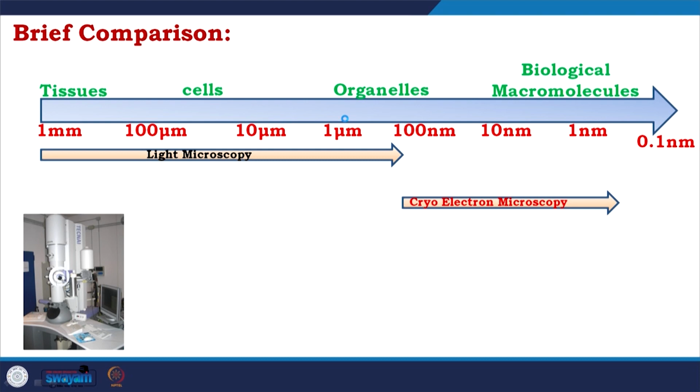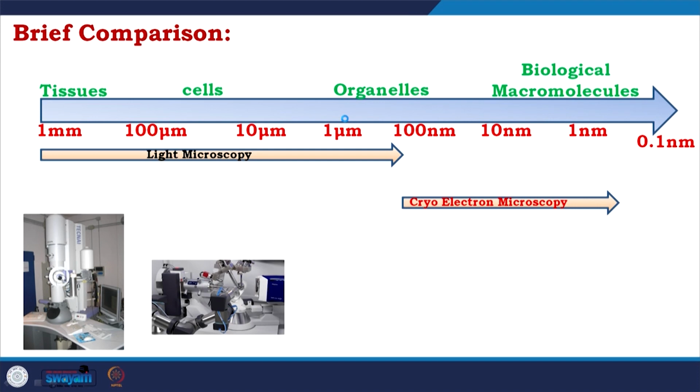Cryo-EM is a new generation sensation, and I will talk about that in more detail when I will talk about cryo-EM especially. X-ray crystallography, as I told, I want to talk about that in detail with the entire process.